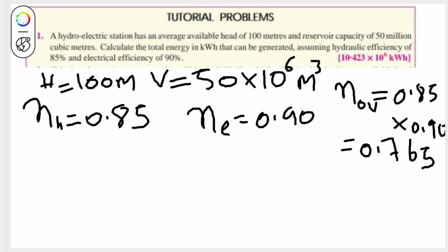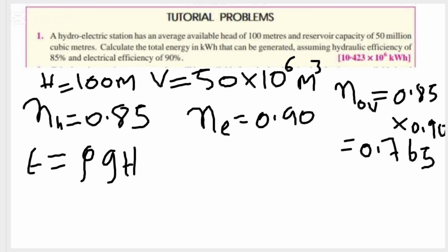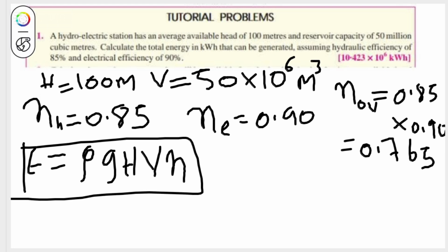So the energy available, the formula that I'm going to use is energy is the same thing as rho g H V and the efficiency.